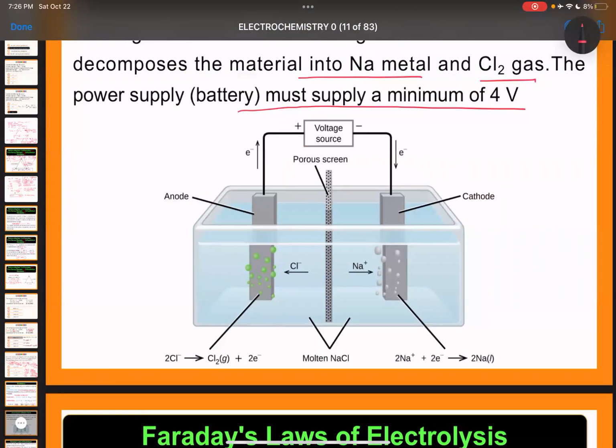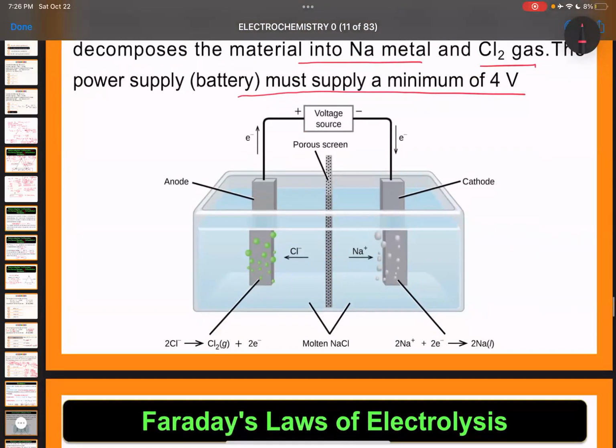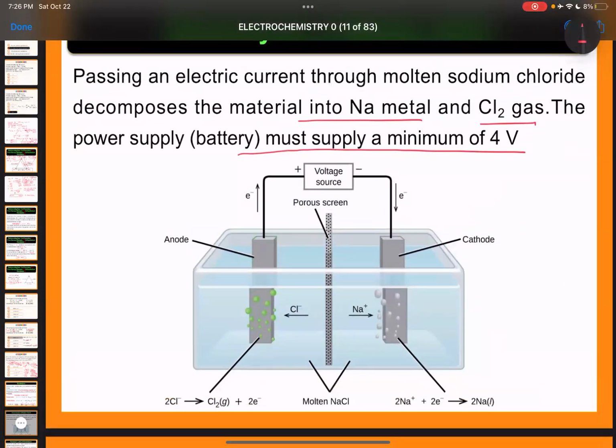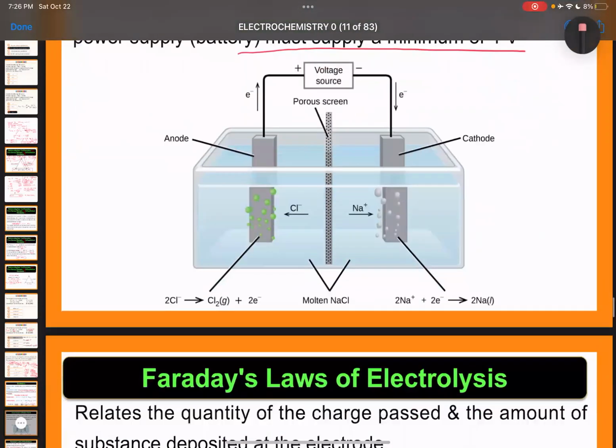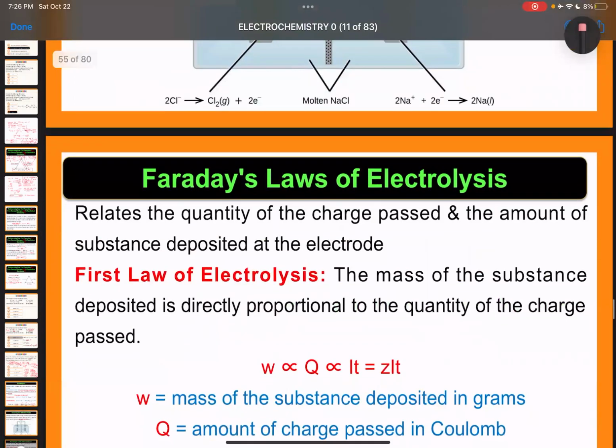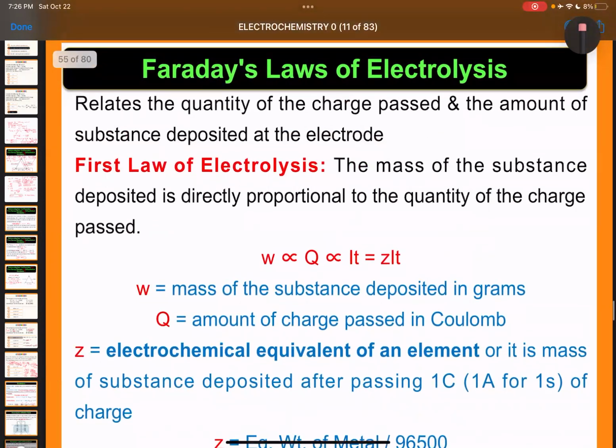Clear? I hope this is clear to you. Molten NaCl electrolysis, so the reaction is going to split into two parts, anode and cathode. At the anode, Cl minus is going to come in and lose electrons, and at the cathode, it is the sodium which is going to get reduced, and you are going to get sodium liquid. Is it clear?